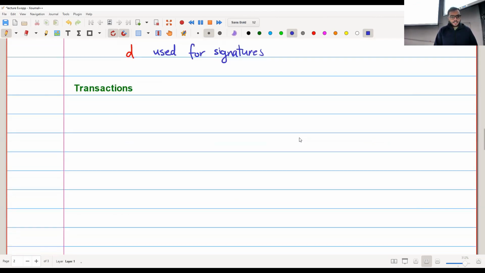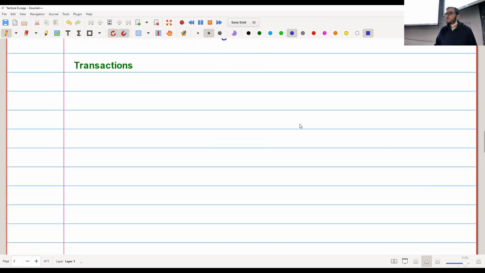Now, the second idea is basically this idea of transactions. How do transactions even work? So what should a transaction be? Generally, I want to say that I'm sending some money, right? So I have to say that I have a bunch of coins. It can be Bitcoin or any other currency that I'm using here.